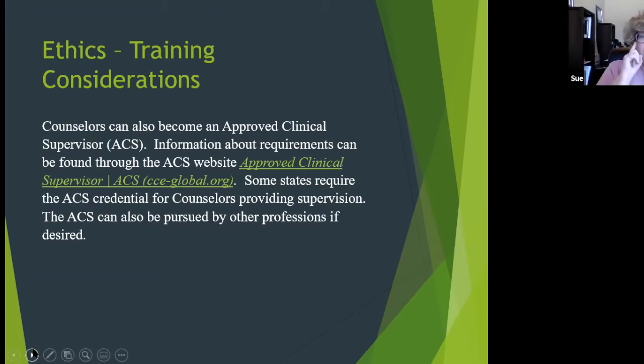So you would need to find a supervisor who would supervise your supervision, and then you would be able to get your ACS. Most people in the counseling world are familiar with this, and there's no provision in the ACS that would prevent a psychologist or a social worker from pursuing the ACS and getting that certification. I've given you a link for that, so those of you who are interested can take a look at what that entails.